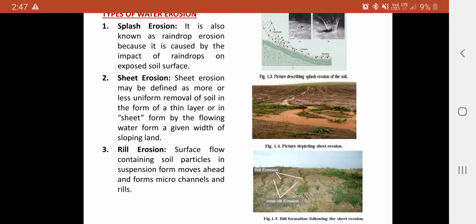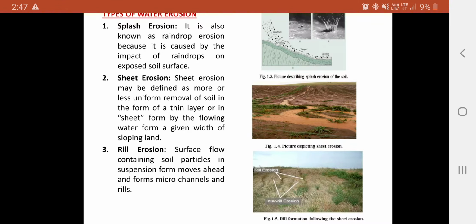The first one is the splash erosion. Then the second one is the sheet erosion. Then the third one is the aerial erosion. Then the fourth one is the gully erosion.